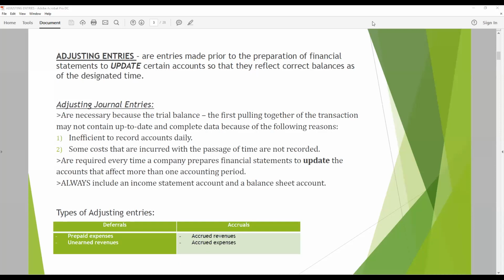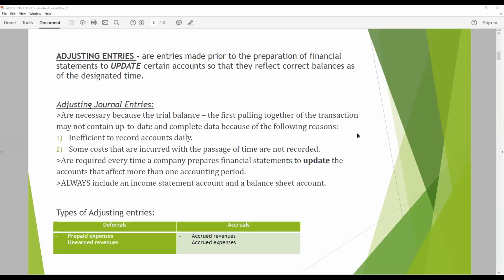Kasi, when we do adjusting, when we record our journal entries, sometimes we record like prepaid rent or prepaid insurance, we record them as asset or directly expense. But at the end of the year, some portion of that asset is already expired.